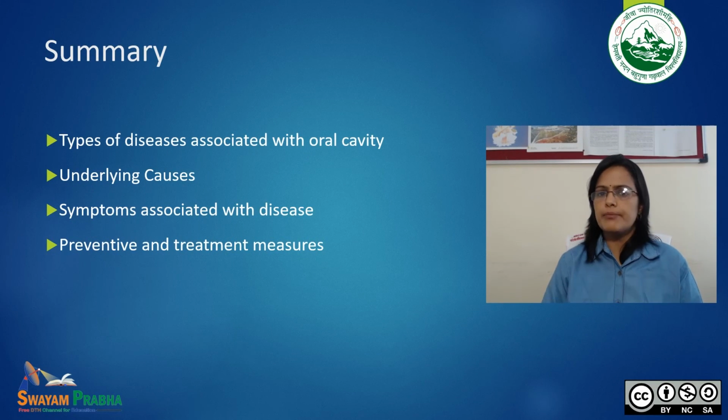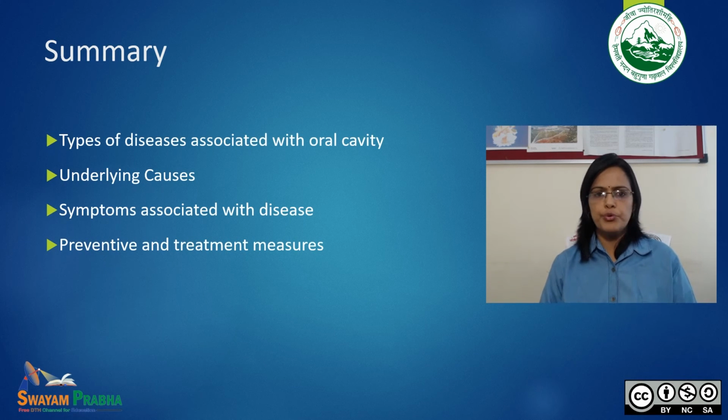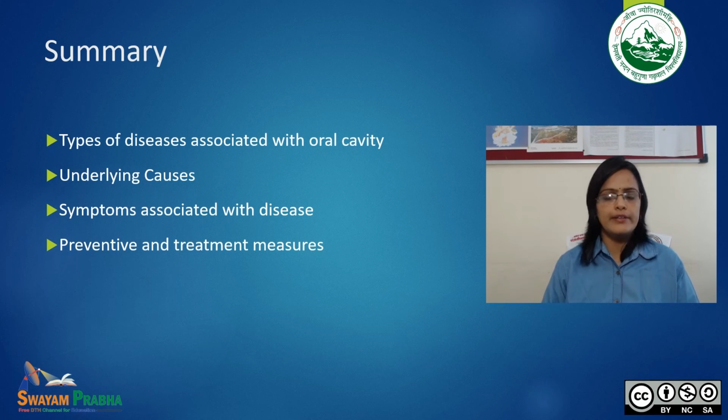Now, let us summarize this module, which is devoted to the anatomy of the oral cavity and the anatomy of the tooth. We have discussed the structure of the tooth: it has a crown, neck and root.